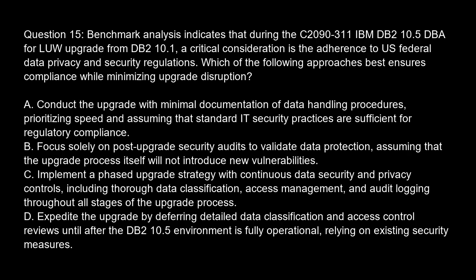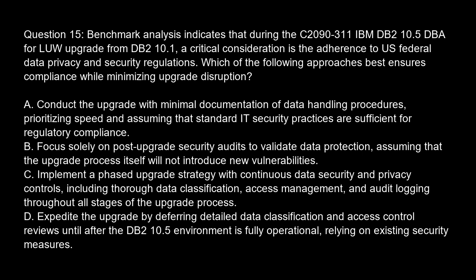Option A. Conduct the upgrade with minimal documentation of data handling procedures, prioritizing speed and assuming that standard IT security practices are sufficient for regulatory compliance. Option B. Focus solely on post-upgrade security audits to validate data protection, assuming that the upgrade process itself will not introduce new vulnerabilities.